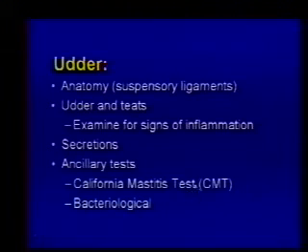It does not measure bacteria. The California mastitis test measures the somatic cell count of the udder. Then we can do a specific bacteriological test to determine whether we're dealing with gram-negative or gram-positive bacteria.